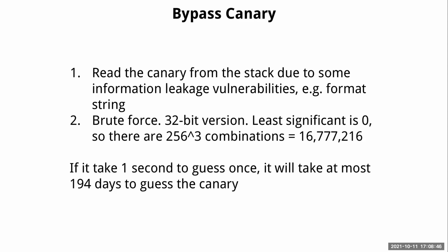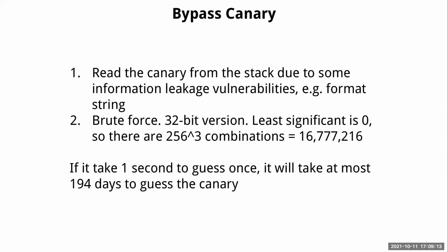So obviously, one way to defeat this kind of defense is to guess the value of the canary. Since it's 4 bytes, it seems very difficult to guess. However, we do not have to guess 4 bytes at the same time. We can guess one by one.